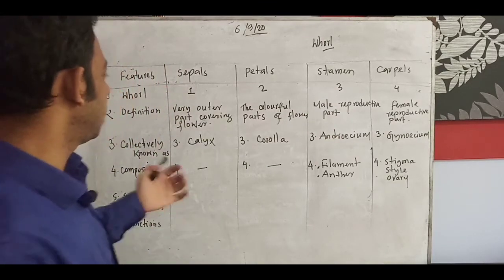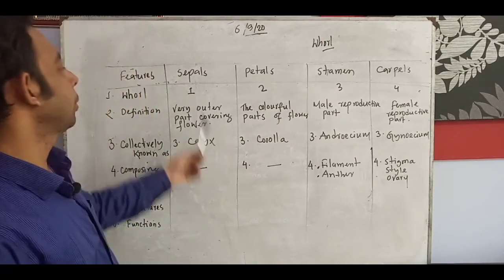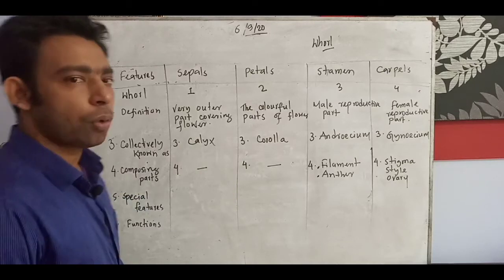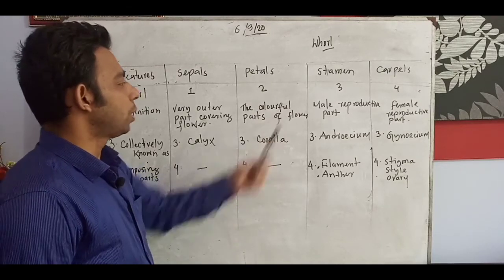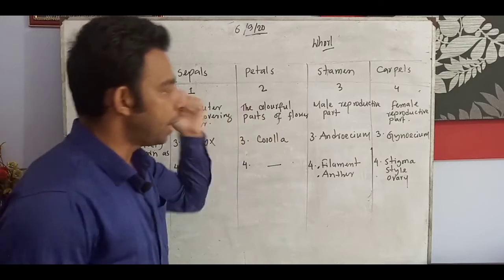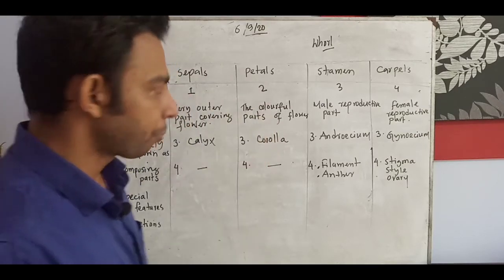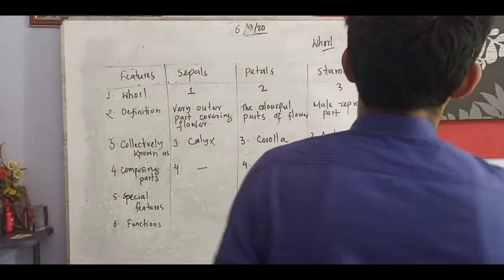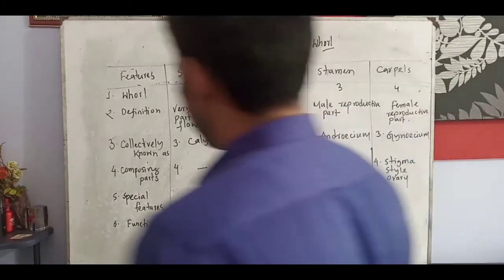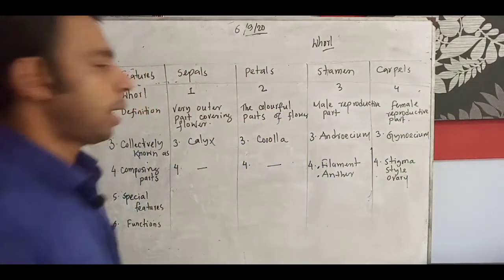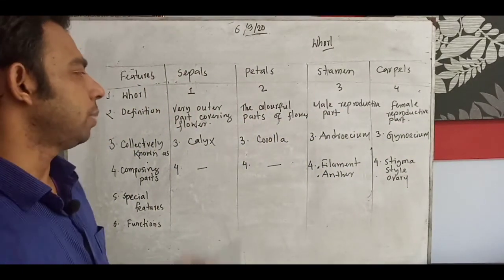Definition: what we try to understand from there is the outer covering part of the flower, the colorful parts of the flower, the male reproductive parts, and also the female reproductive parts, collectively known as calyx.